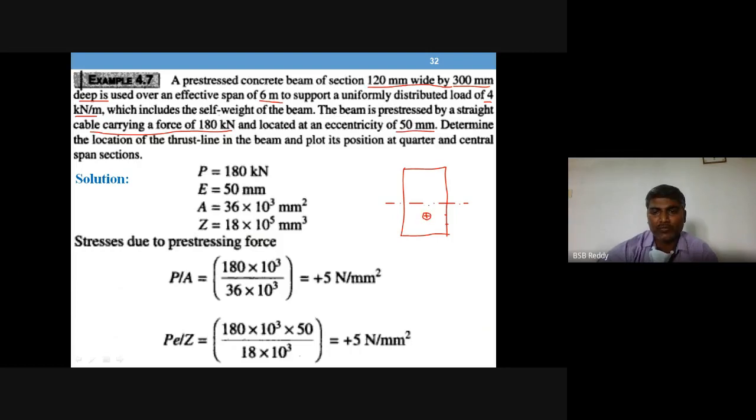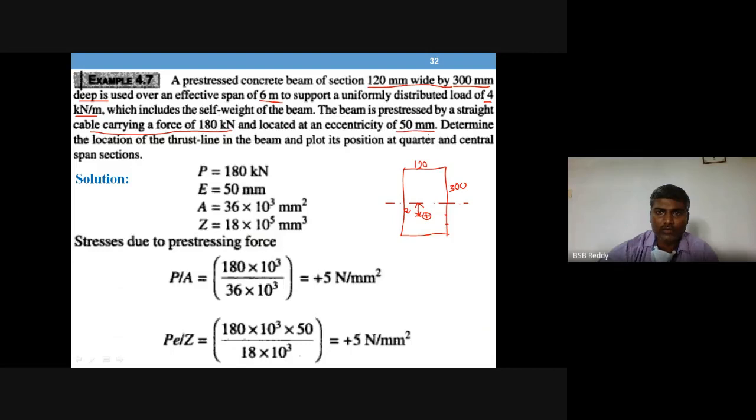So 50 mm from the center of the cross section. So this is 50, small e value. Okay, right. So this is 120 as usual. This is 300. Okay.